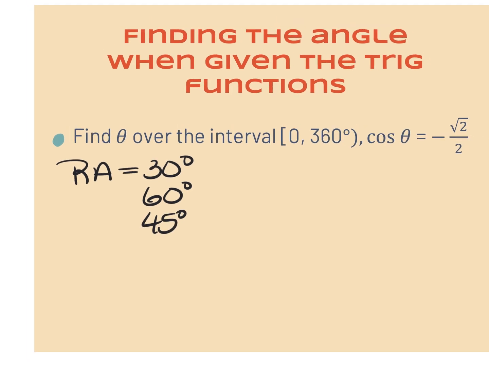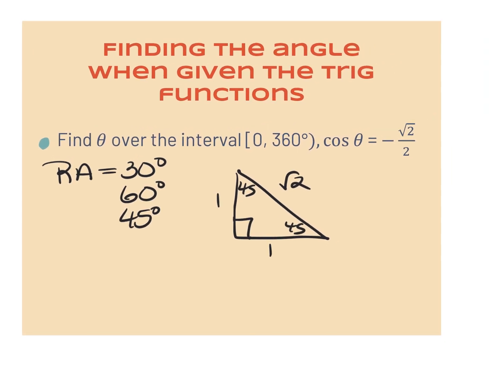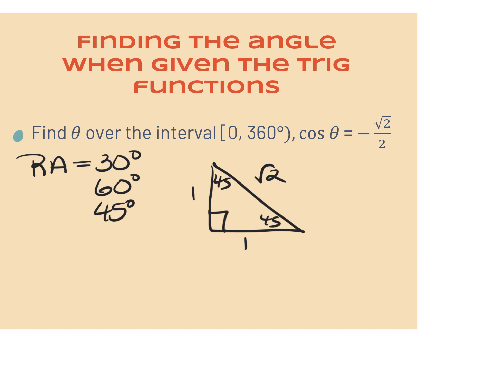Now, as soon as I see square root 2, I know my reference angle is 45. That's the easy questions. So for example, all we have to do is draw our 45 degree triangle, 1, 1, square root 2.